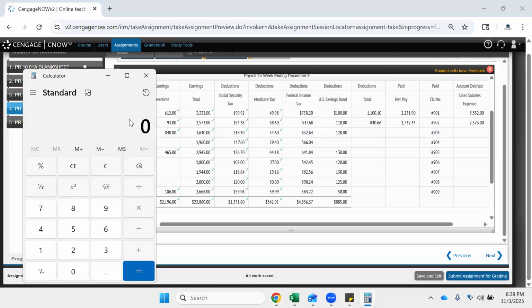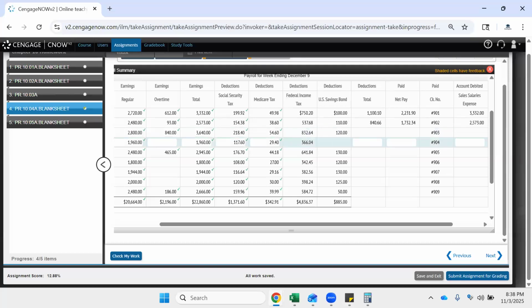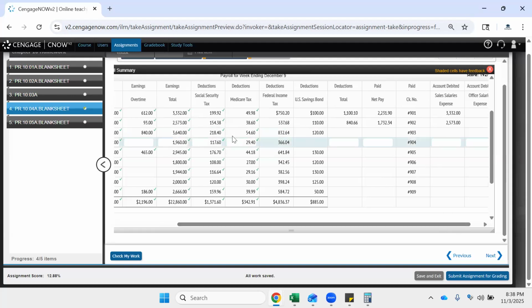And I'm going to cut out the rest of these calculations because you guys get the idea on adding up all of the deductions to arrive at the deductions column and then subtracting to get the paid column. But first, I do want to walk through dividing the sales salaries from the office salaries.